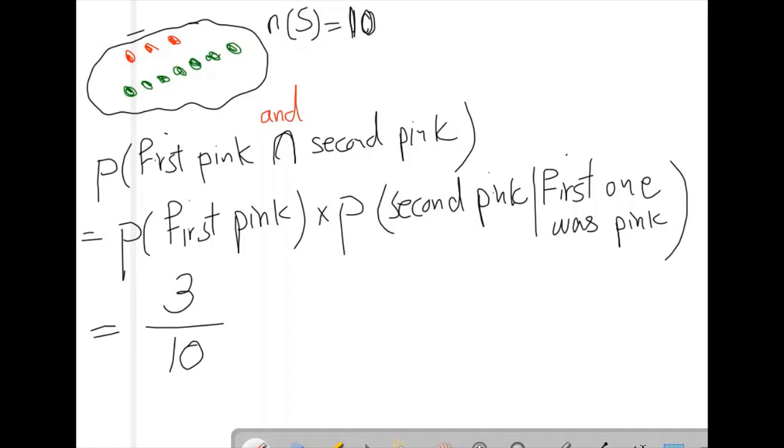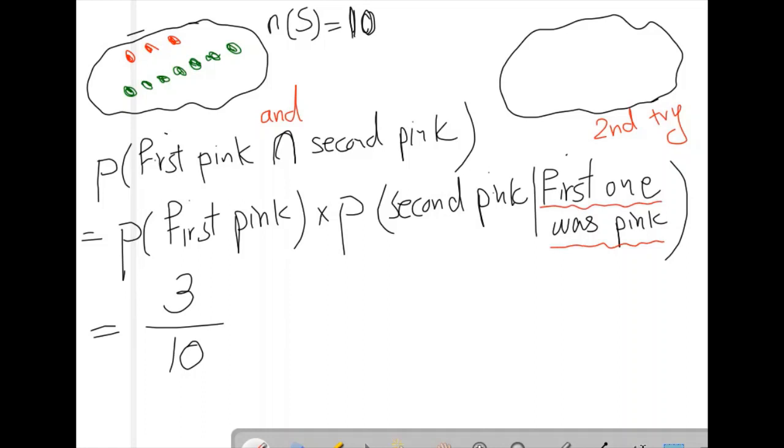But for the second try, because we know first one was pink, in the second try we have 2 pink and 7 green.